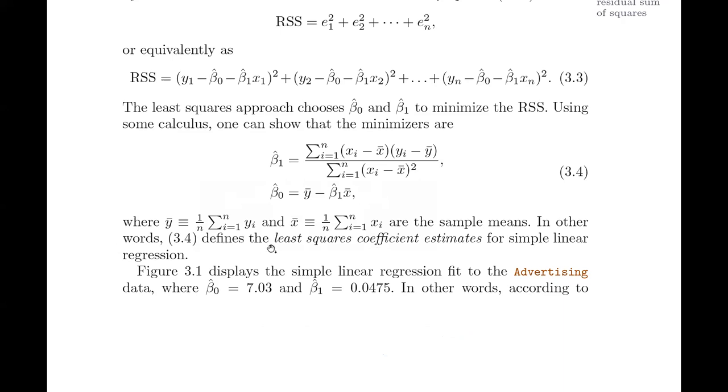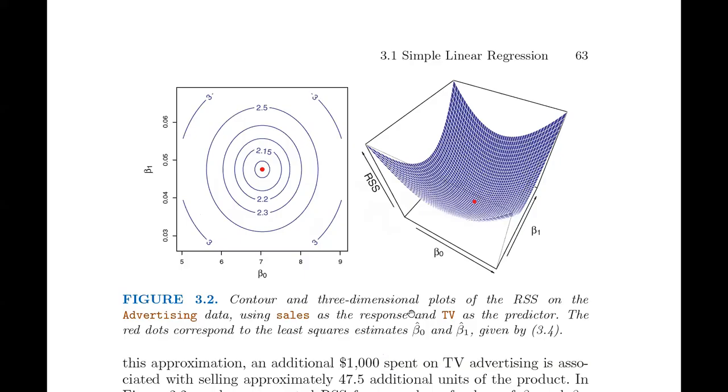In other words, 3.4 defines the least squares coefficient estimates for simple linear regression. Now, look at this. What on earth is going on over here? Well, didn't I say that this isn't really A-level calculus?